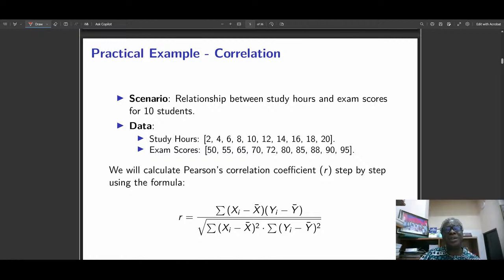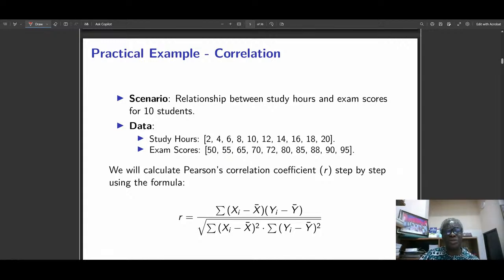Is it that as you spend more hours studying, you are likely to perform better? In other words, do the two move in the same direction, or do they move in opposite directions?